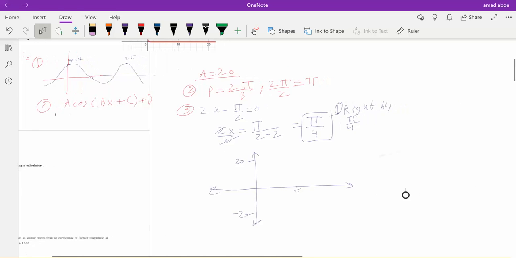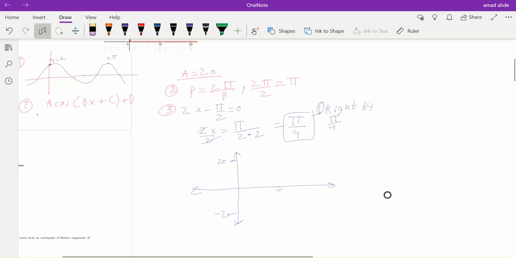Shift it to the right by pi over 4, so it should look something like this. From peak to peak, we will have pi. I didn't draw this anywhere near to scale, but 20 should be over here, and I'll show you the exact graph from Desmos in a second. This should give you a sense of how it should be drawn.